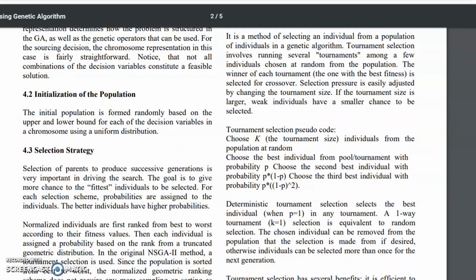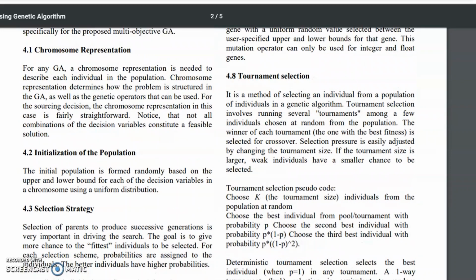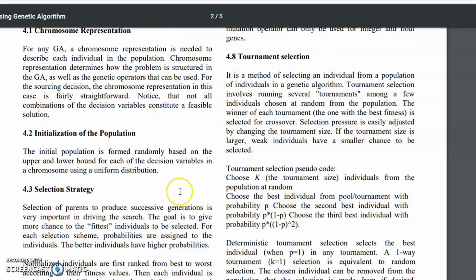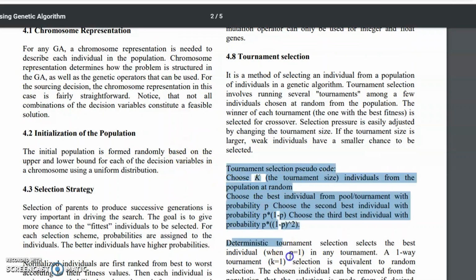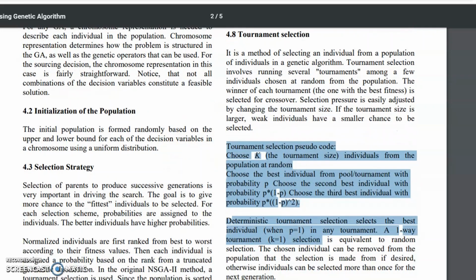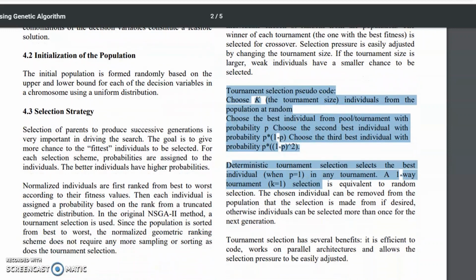What are the types of selection strategy we'll see? That is, tournament selection is there. It is a method of selecting an individual from a population of individuals. Tournament selection involves running several tournaments among a few individuals, and we choose the winner. So I am giving the tournament selection. This is the pseudo code which is responsible for tournament selection.